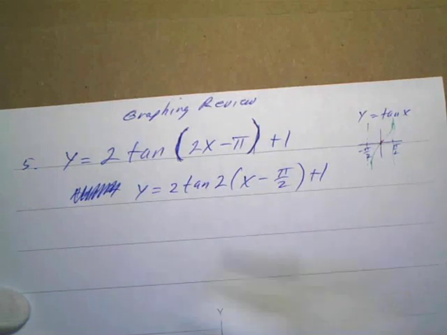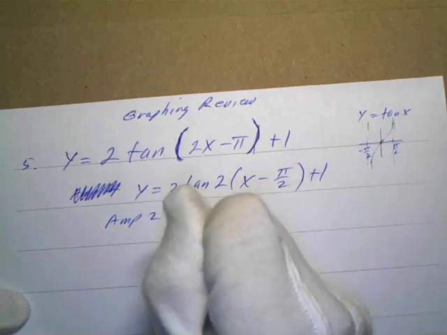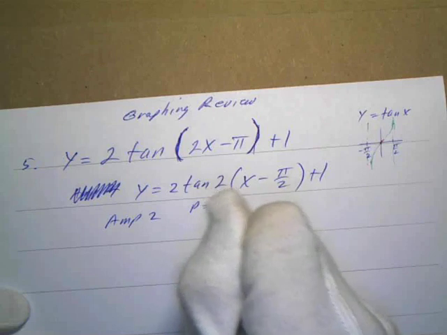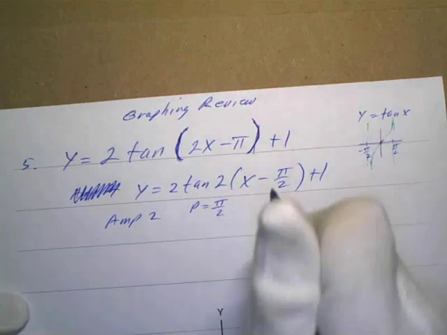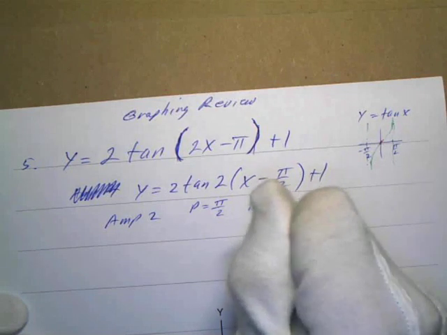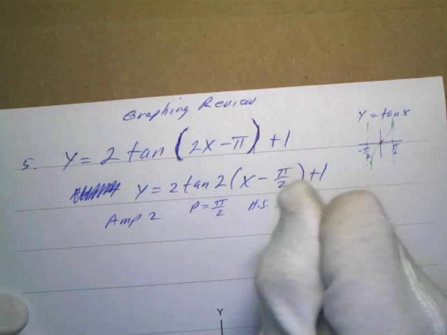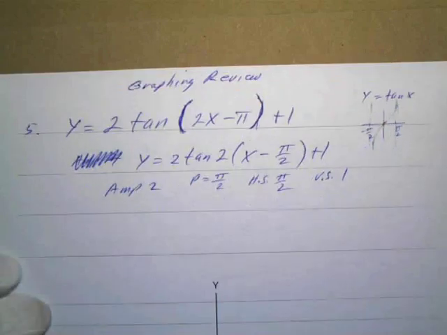I got negative pi, so that's good. So my amplitude is 2. My period is equal to pi over b, or pi over 2 now. That's easy. Okay, I got a shift, same idea, opposite sign, pi over 2. And I got a vertical shift of 1.